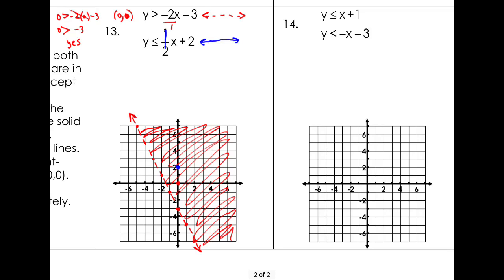We also know that slope is 1 over 2, so up 1 over 2. Going back the other way, it'd be down 1 over 2. Okay. And we know that's going to be a solid line.